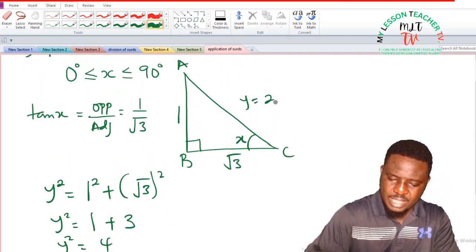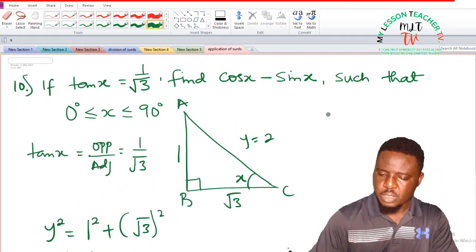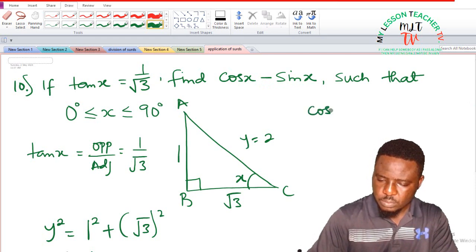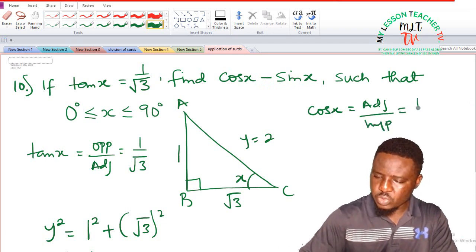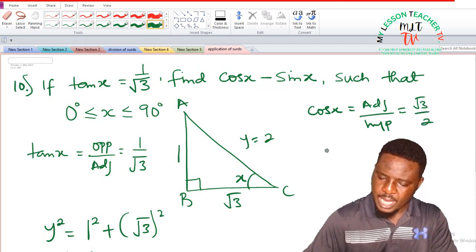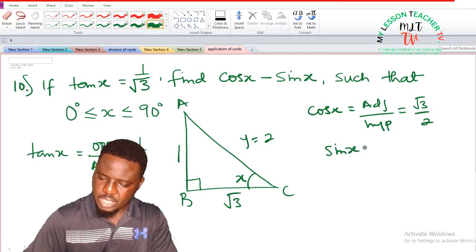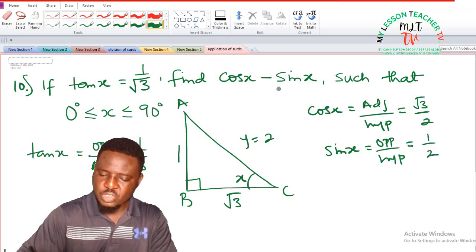So if y is equal to 2, we can then get our cos x minus sine x. So cos x is the ratio of the adjacent side to the hypotenuse side, which is root 3 over 2, and sine x is the ratio of the opposite side to the hypotenuse side, which is equal to 1 over 2.